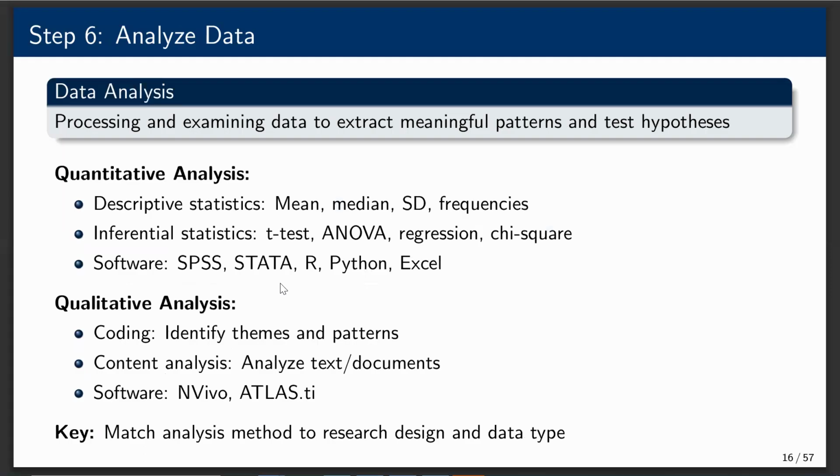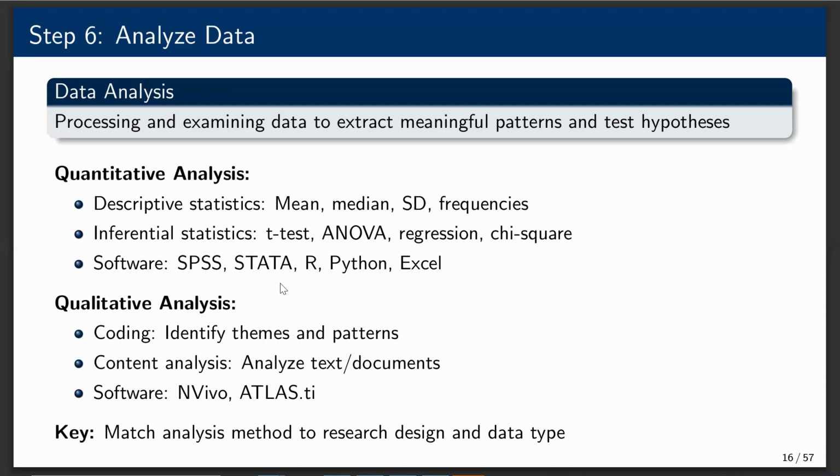Then step number 6, to analyze the data. Data analysis is basically processing and examining the data to extract meaningful patterns and test the hypothesis. You can do both quantitative analysis as well as qualitative analysis. In quantitative analysis, you can do descriptive statistics, where you can find the mean, median, standard deviation and frequency. And in inferential statistics, you can do t-test, ANOVA, regression, chi-square, and you can use statistical software such as SPSS, Stata, R, Python, Excel.